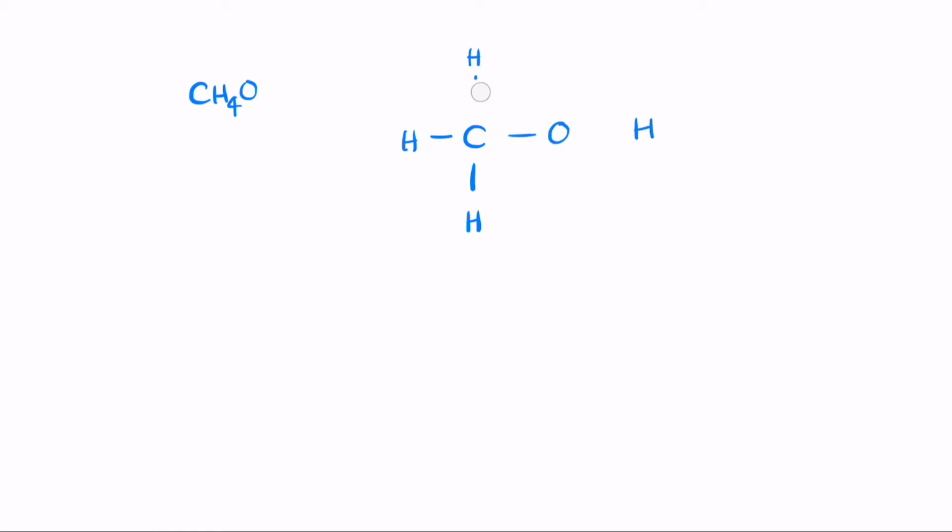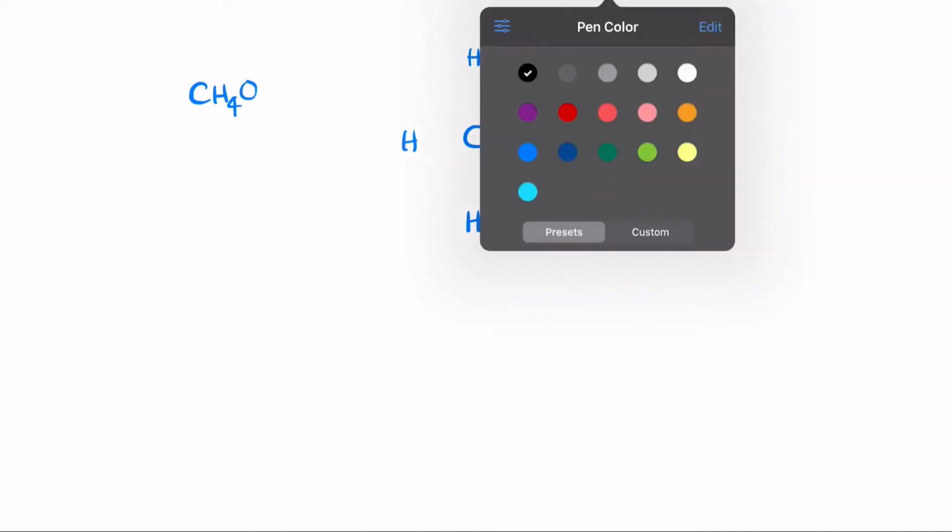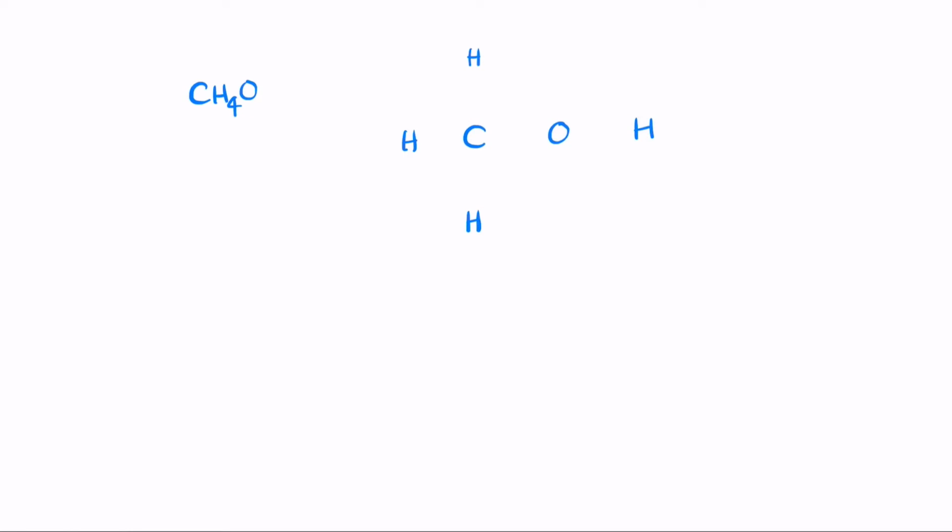So we have arranged the atoms now. Let's draw the bonds later. Now let's draw the bonds. So 1, 2, 3, 4 and 5. Before we draw the bonds, we need to know how many valence electrons there are.